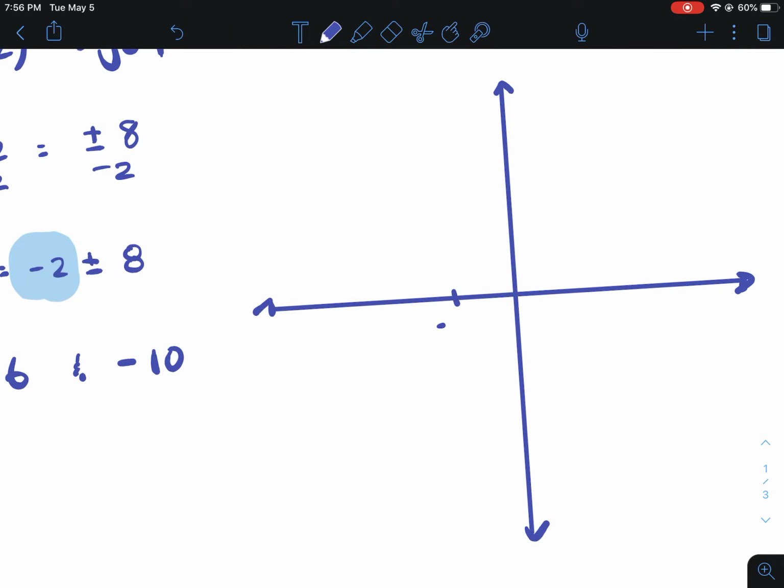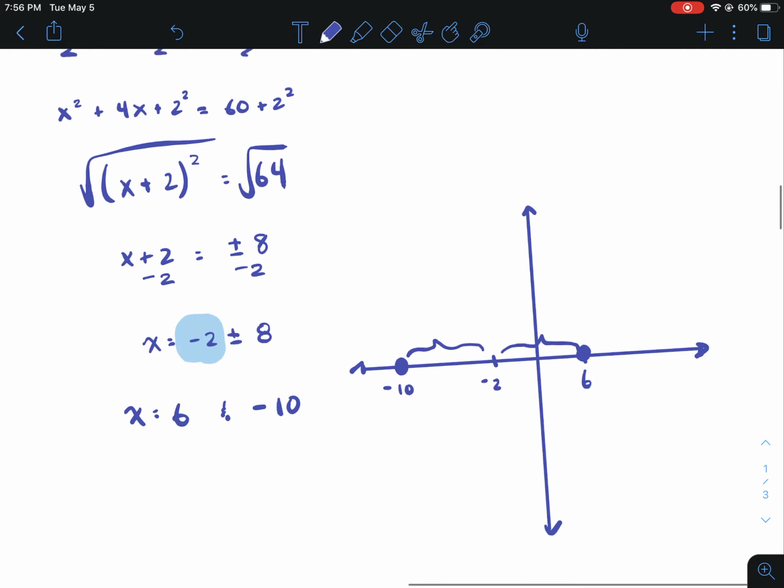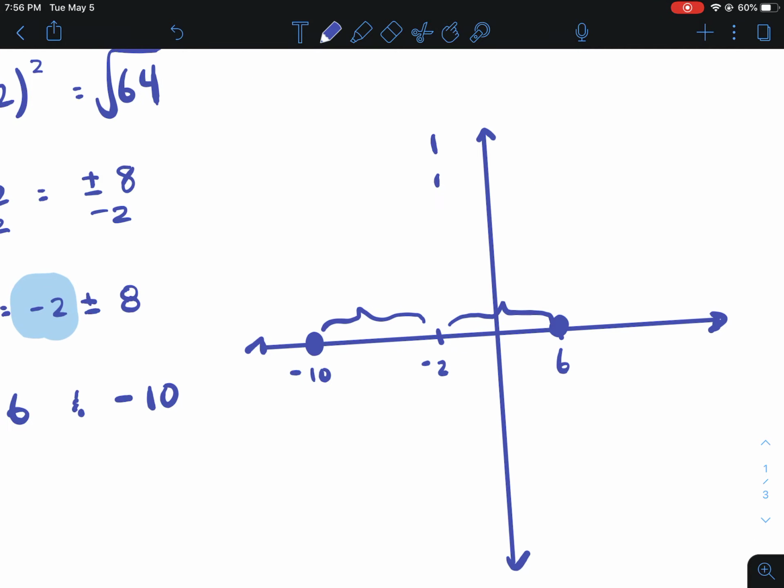So if we're at negative 2 here, if I add 8, I get to 6. If I subtract 8, I get to negative 10. I know that these are my two zeros, but that also means my axis of symmetry is at that negative 2, right? And so it's centered, right? And so we could even find the vertex.